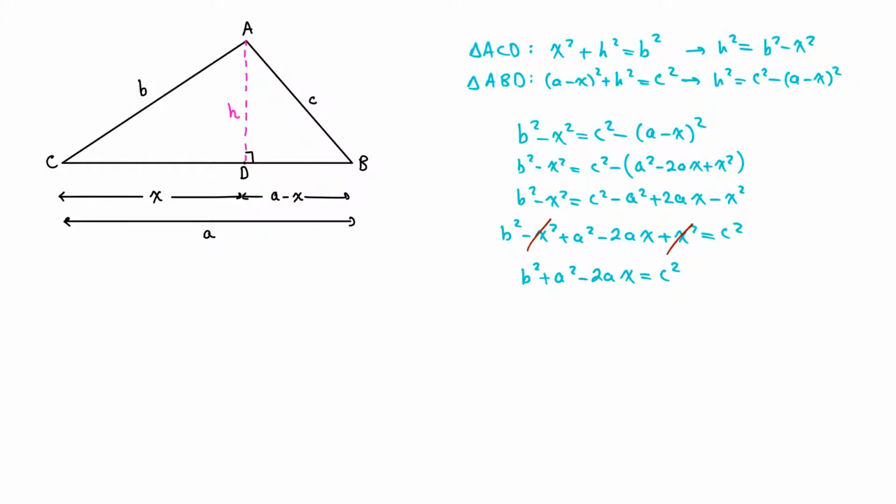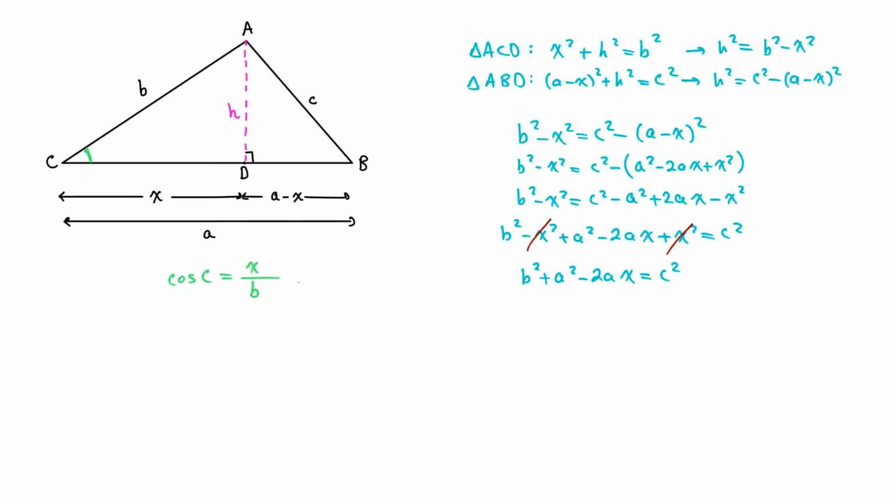To do that, we're going to use the angle c here. We get cosine of c is equal to, in this right angle triangle, the adjacent, which is x, over the hypotenuse, which is b.